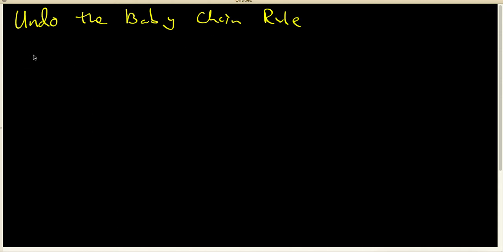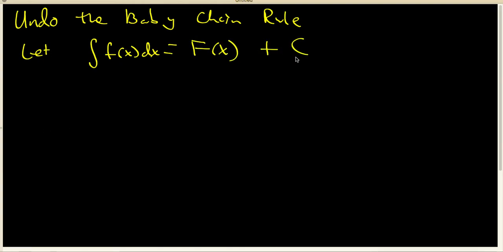The first thing is that I'm going to establish some notation. I'm going to let the antiderivative of little f of x be capital F of x, plus, of course, whatever constant you want to add.